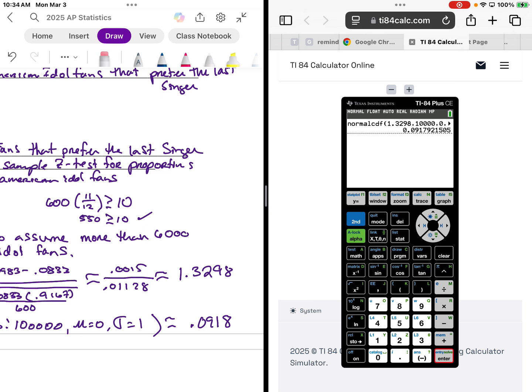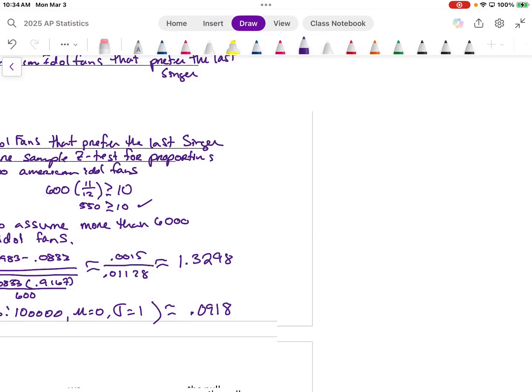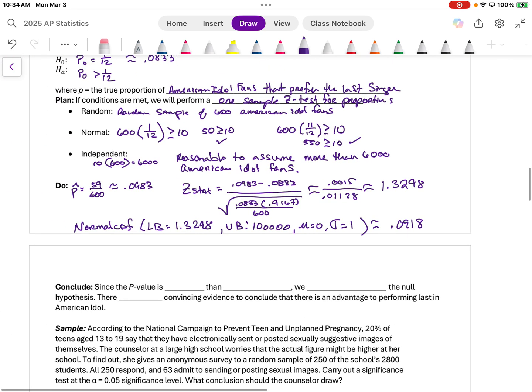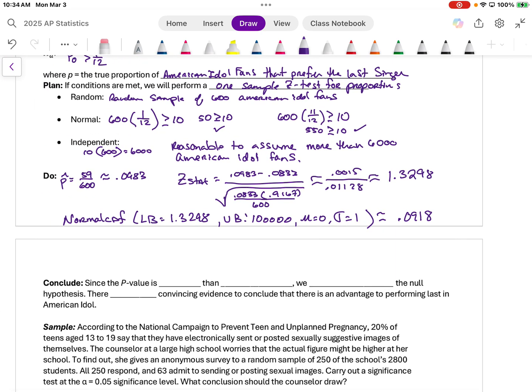Now, as we look at writing this up, this little conclusion pre-filled will look a little wonky, but we have to compare 0.0918 to our alpha value, which was 0.05.